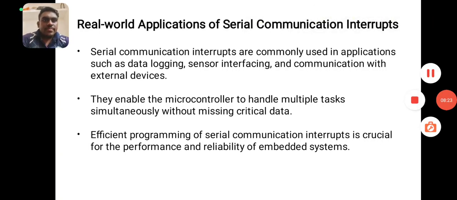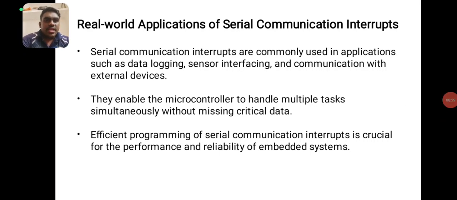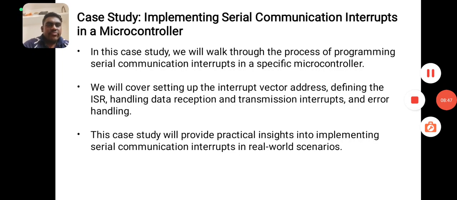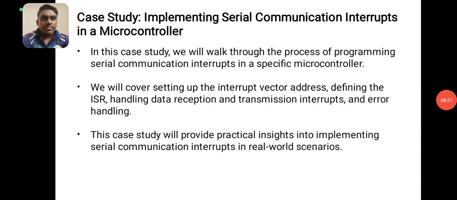And efficient programming of serial communication interrupts is crucial for the performance and reliability of embedded systems, same as for embedded systems here also. The case study will provide practical insights into implementing serial communication interrupts in real world scenarios. Yes, we can see these scenarios in real world applications.